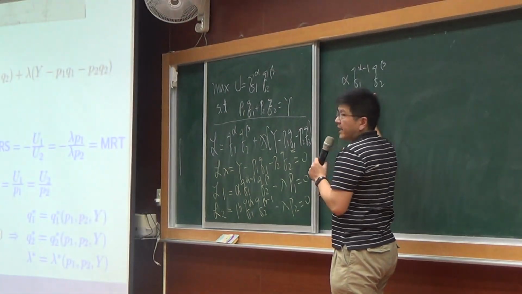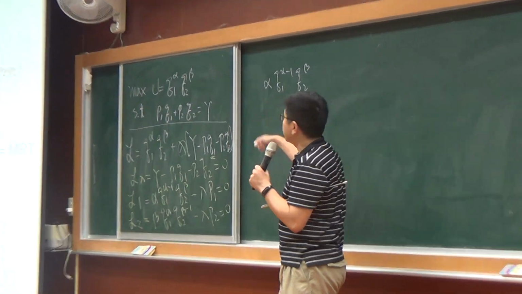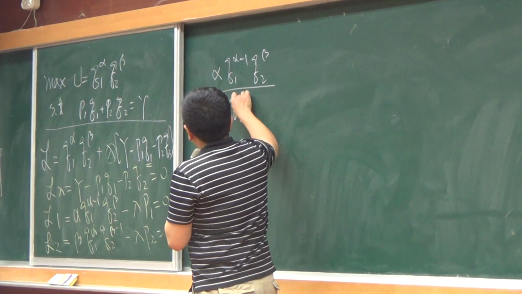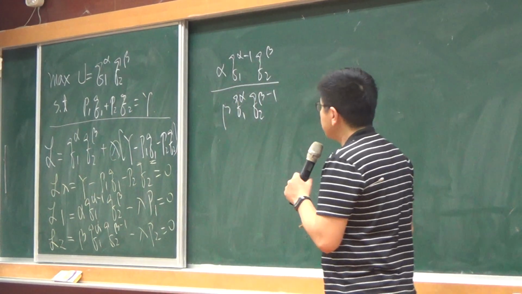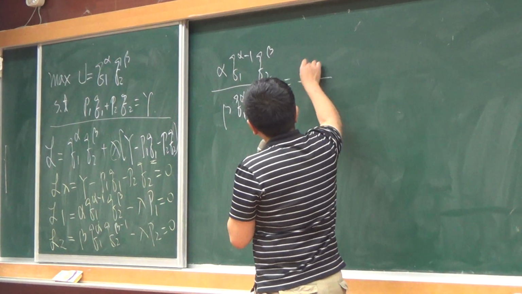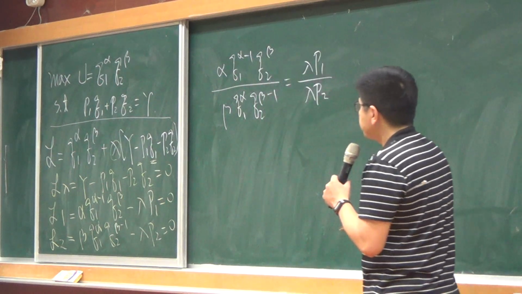And this term actually is U1, right? The marginal utility of Q1, divided by beta Q1 to the power of alpha, Q2 to the power of beta minus 1, which is the marginal utility of Q2, equals lambda P1 over lambda P2. Is that right?